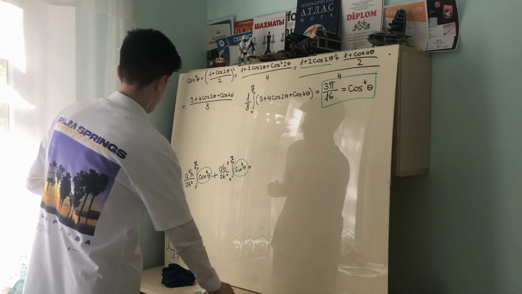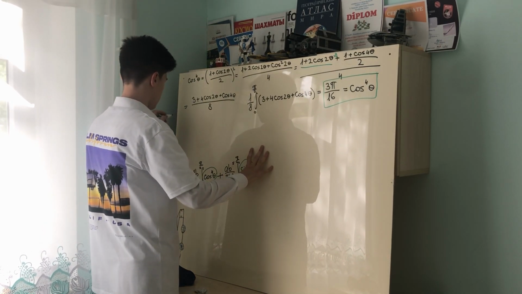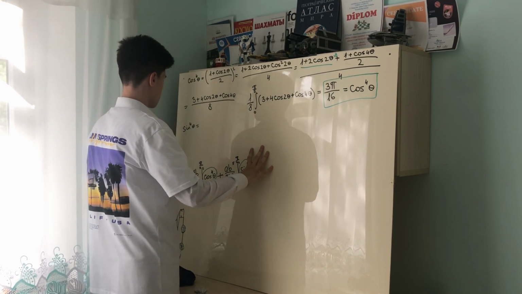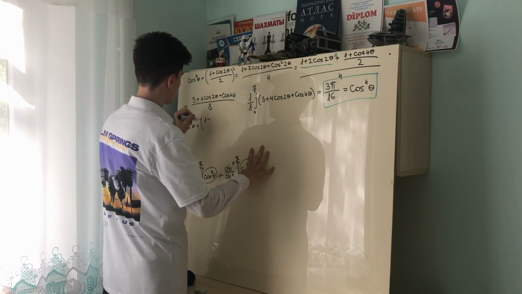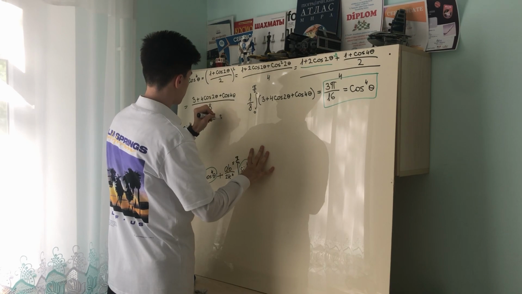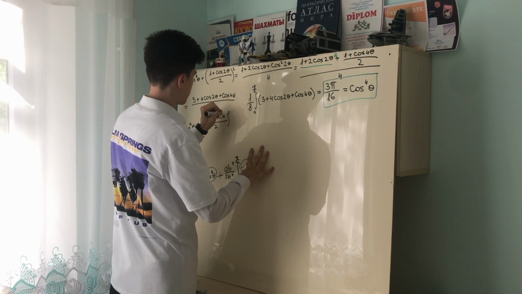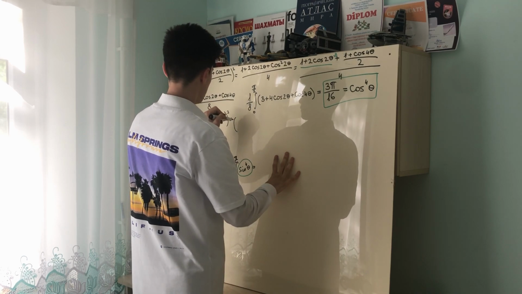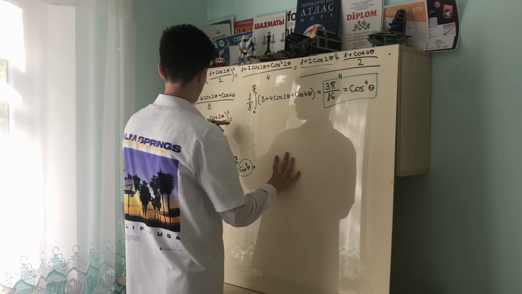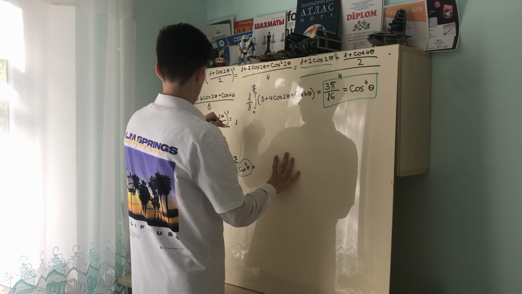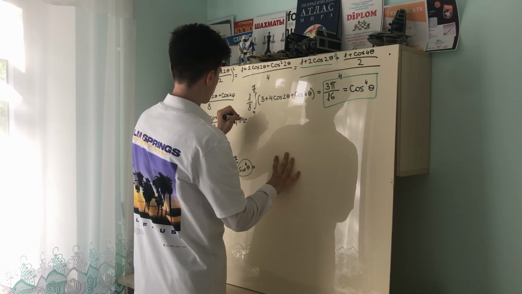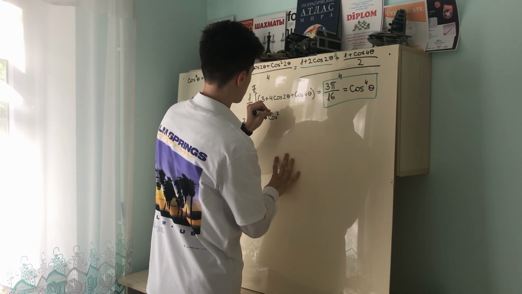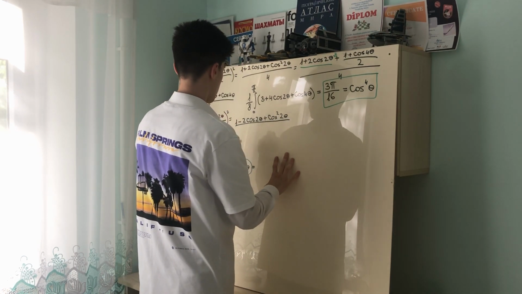Our sine to the 4 theta will be 1 minus cosine 2 theta over 2, squared, which equals 1 squared, which is 1, minus 2 cosine 2 theta plus cosine squared 2 theta, over 4.